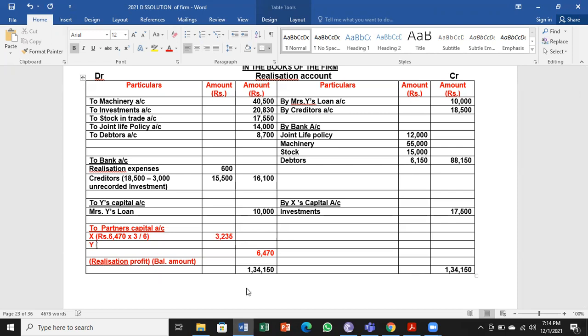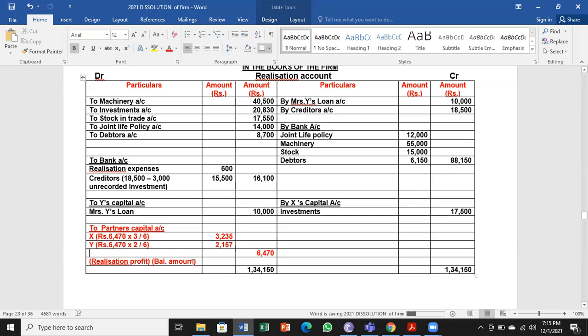Next for Y, the same amount, 6,470 into 2 by 6. We get in decimals 2,157. I will take it up.